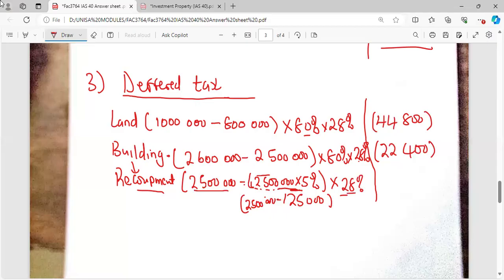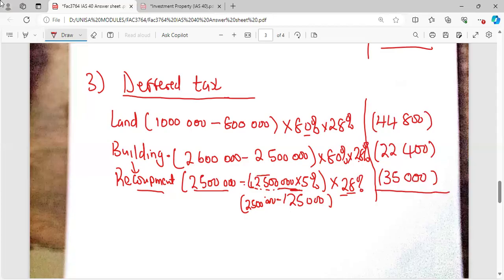Then we multiply by 28%. Or we can say 2,500,000 times 0.95. Is it going to give you the same? Because me, I'm getting 35 here. I'm also getting 35,000. So which means the 35 is now confirmed correct.